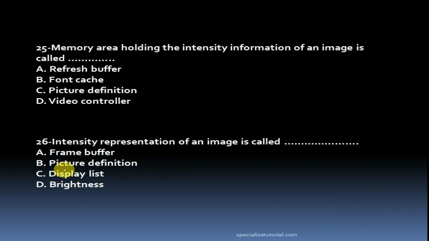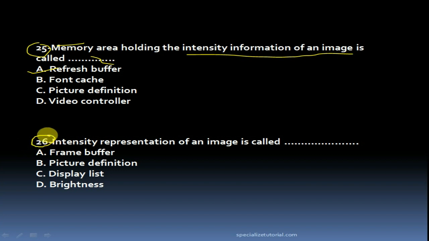Now take the next question, question number 25. The memory area holding the intensity information of an image is called what? Refresh buffer, font cache, picture definitions, or video controller. So basically a refresh buffer is the right answer.